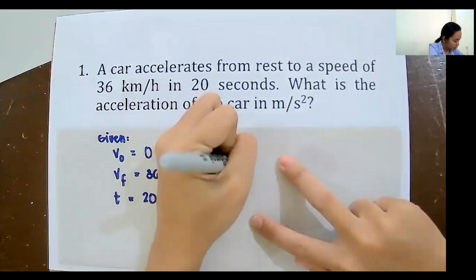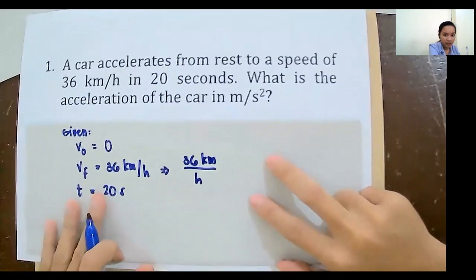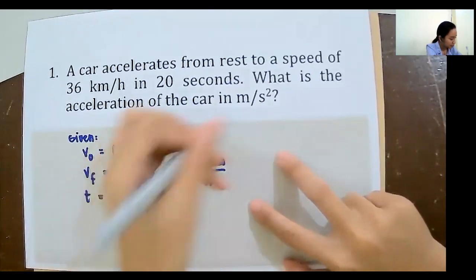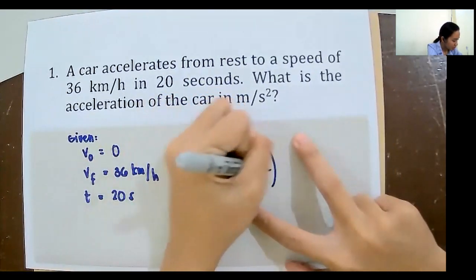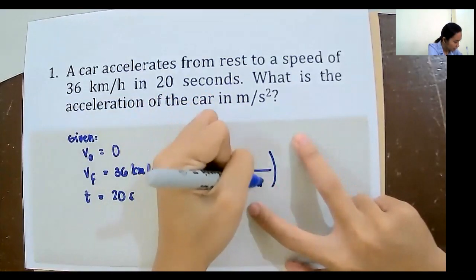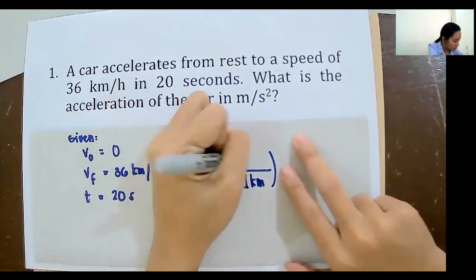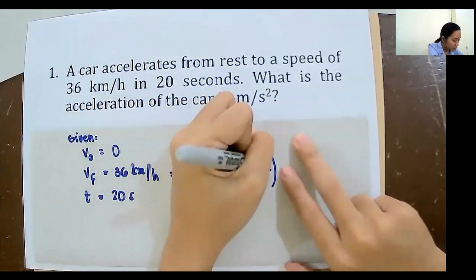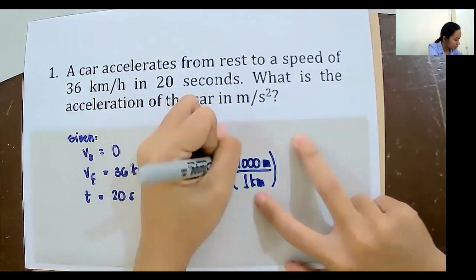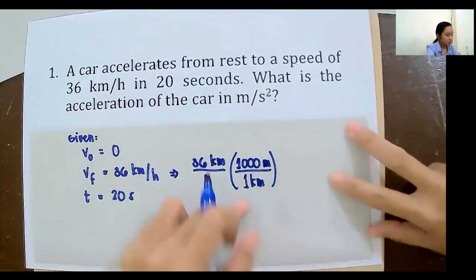So that's 36 km over h. And then, right here, you see your conversion factor. In 1 kilometer, we have 1,000 meters. So kilometer will cancel out, leaving meters.